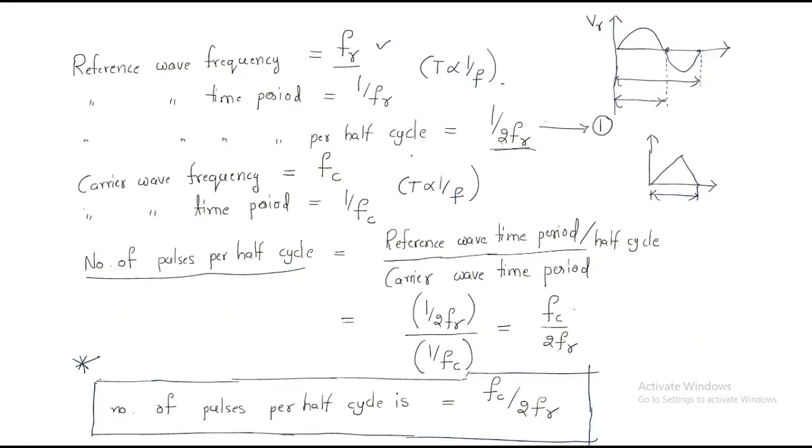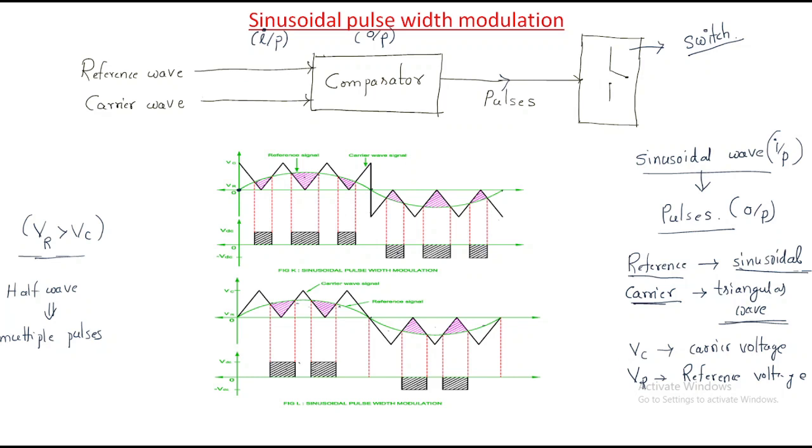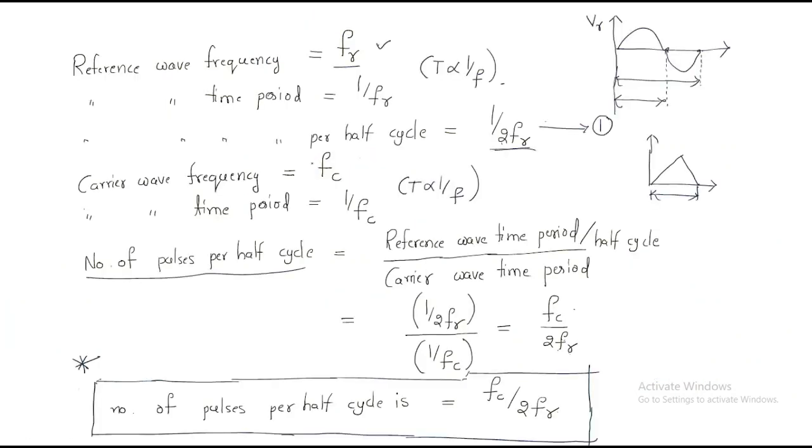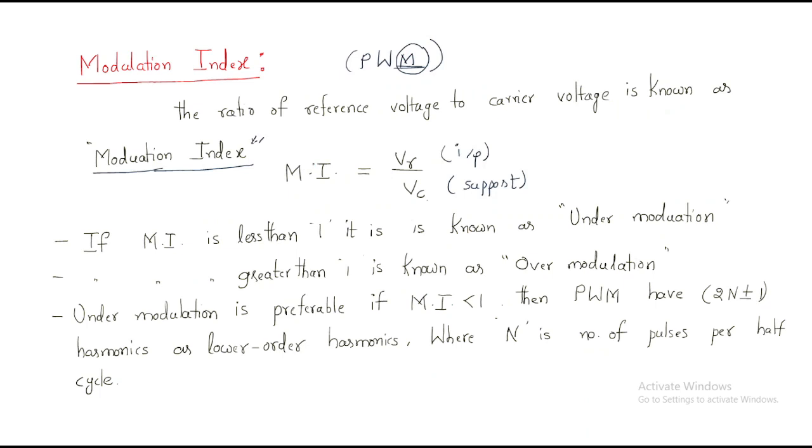Look at here. For the reference voltage we have a voltage VR, and for the carrier voltage we have some magnitude voltage Vc. The modulation index equals VR by Vc. Right.